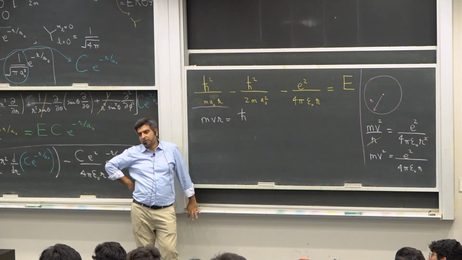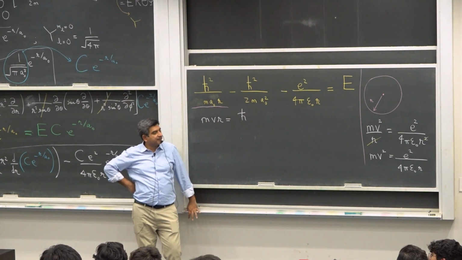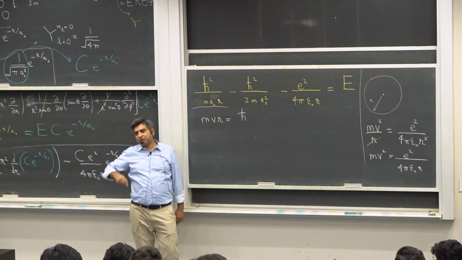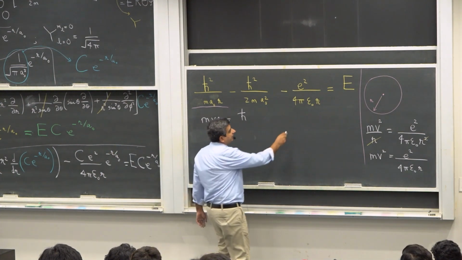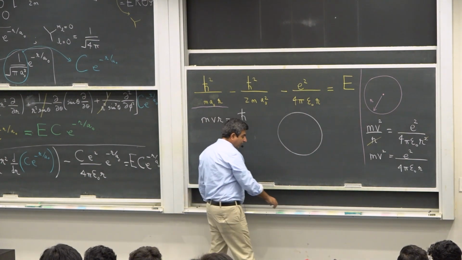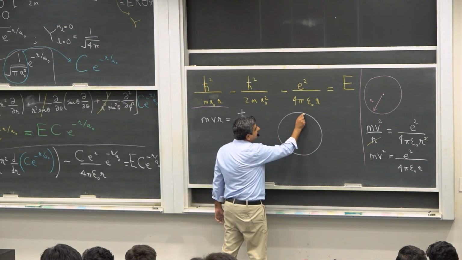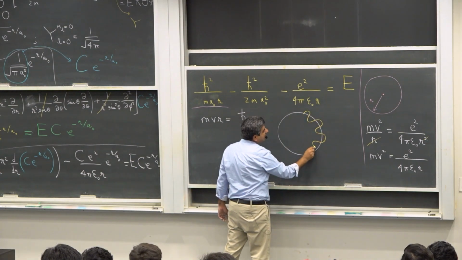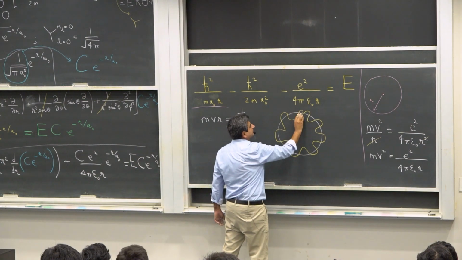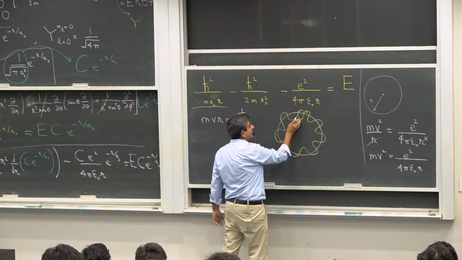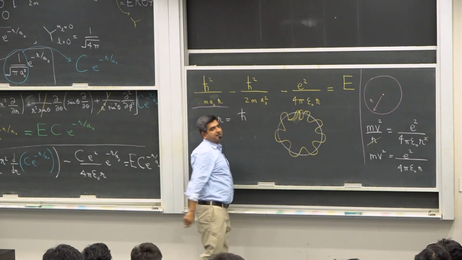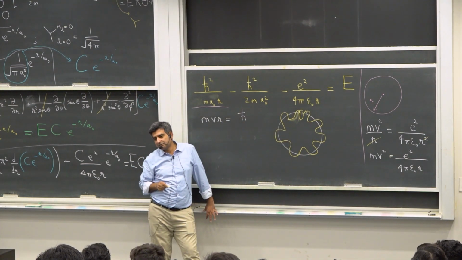Yes, how exactly did he propose that? He proposed this based on the idea that if I have a circumference of radius r, circumference 2 pi r, then this must fit an integer number of wavelengths.